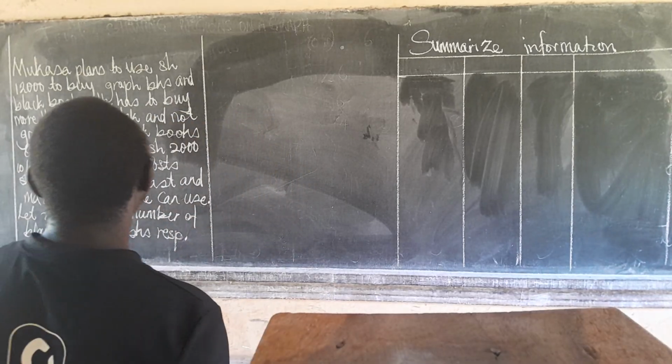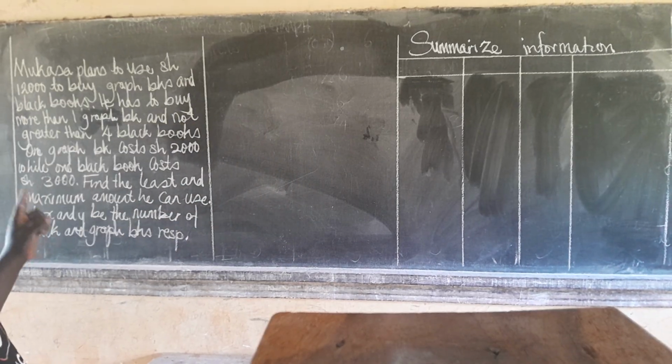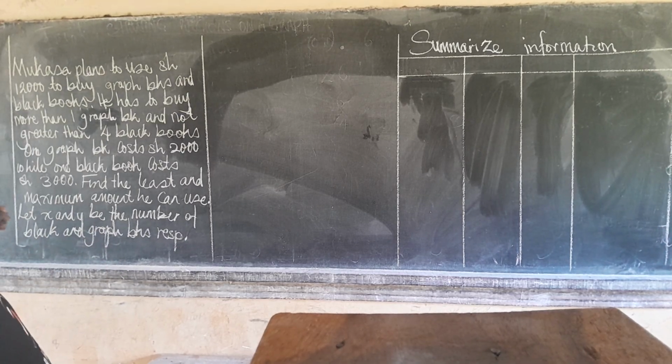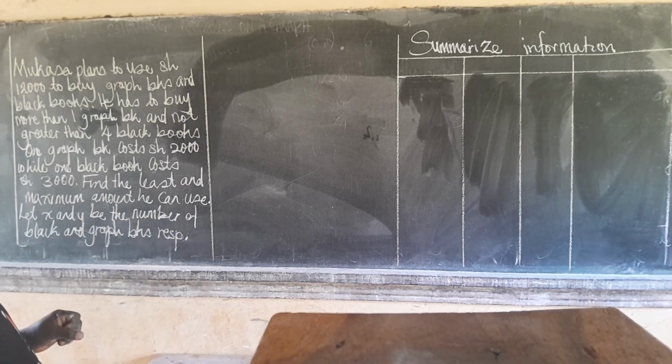Now here we go. Mukasa plans to use 12,000 shillings to buy graph books and black books. He has to buy more than one graph book and not greater than 4 black books.